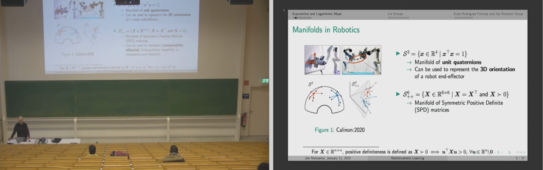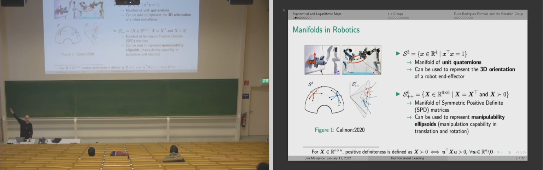It can be used in robotics, for example, to represent the manipulability ellipsoids, meaning the manipulation capability of a manipulator, like a kinematic chain. That manipulator composes a kinematic chain through the product of its joints, and then the positive definite matrix is going to tell you how much velocity you can generate in the end effector space for a given configuration.